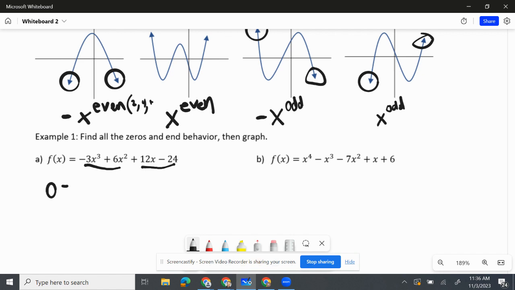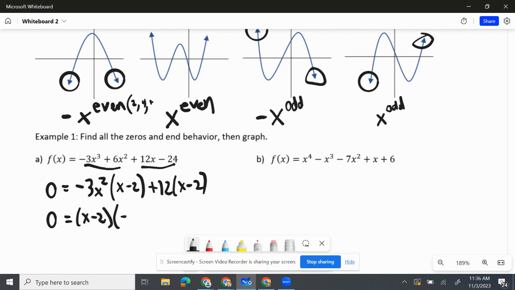So I'm going to set it equal to 0. I see that they have a negative 3x squared in common, and that gives me an x minus 2. And then I have a 12 in common, and that's an x minus 2. I see that they both have an x minus 2 in common, and then we have a negative 3x squared plus 12.